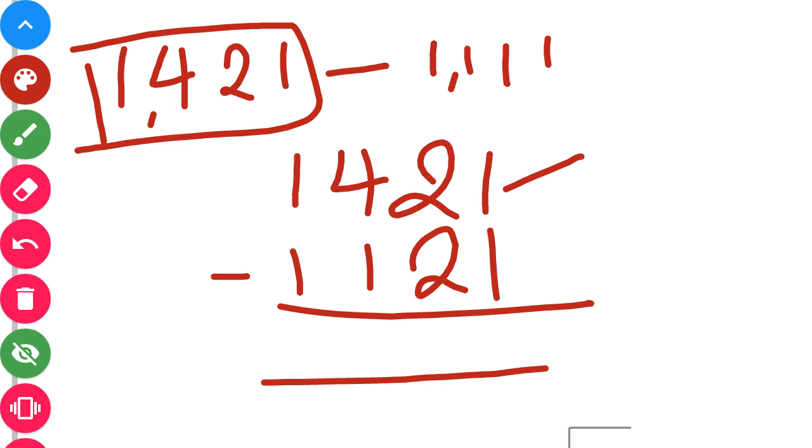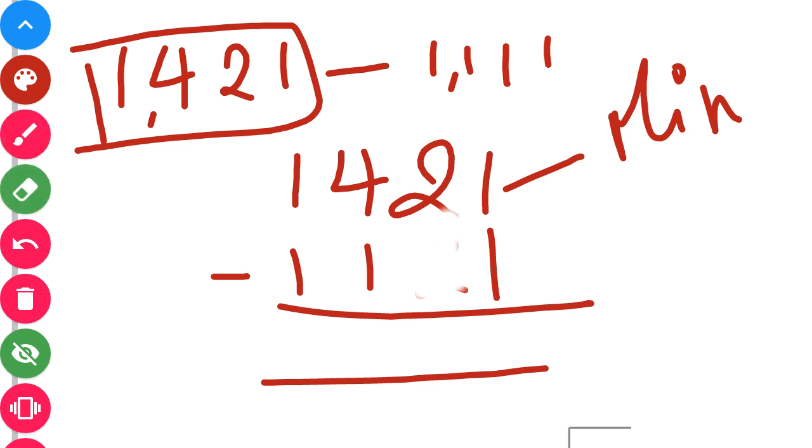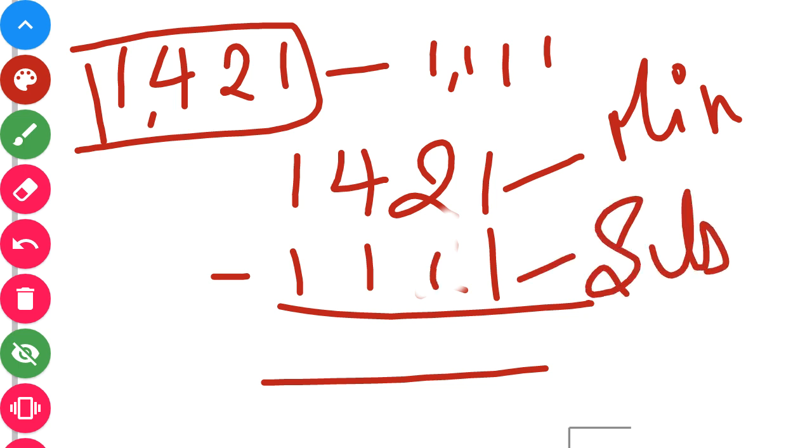And this concept of greater number and smaller number, we have also understood with the help of different terms: minuend for the greater number, subtrahend for the smaller number and the difference for the answer.